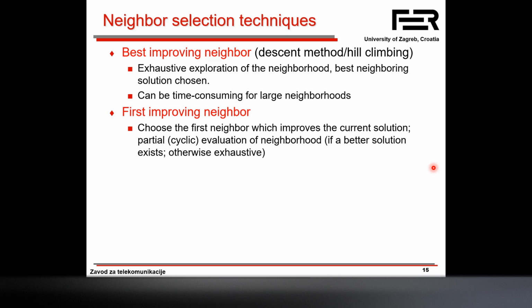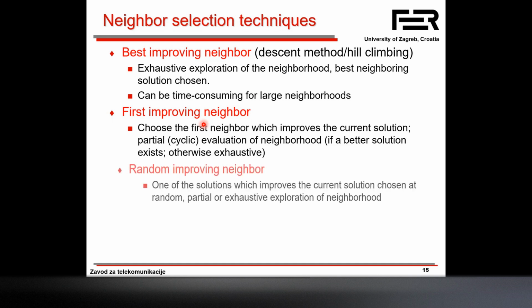So that's something that's referred to as first improving neighbor. So rather than looking at all possible moves, in which case the best improving neighbor would be, let's say, this deterministic approach. This can also be deterministic, depending on how we specify this, the way in which we generate the neighborhood, and so on.